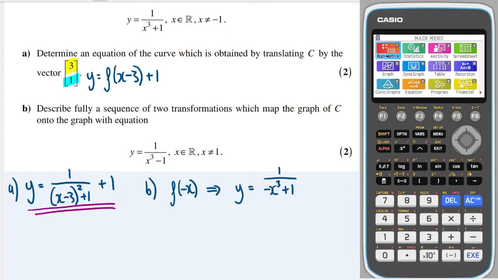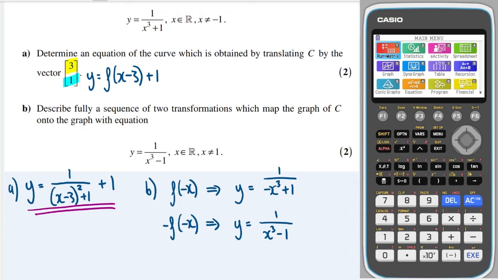So the next graph transformation I could do is minus f of minus x, and this will just multiply the function by negative 1, which is the same as multiplying either the denominator or the numerator by negative 1. Let's multiply the denominator by negative 1, and that will give me x cubed minus 1, which means I've now arrived at the function they've asked me for.